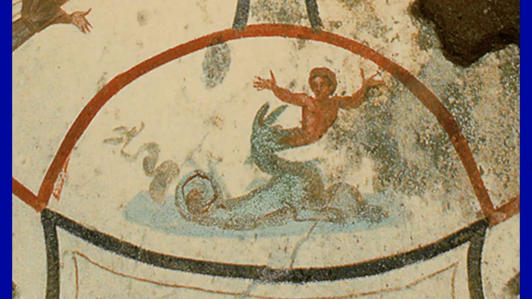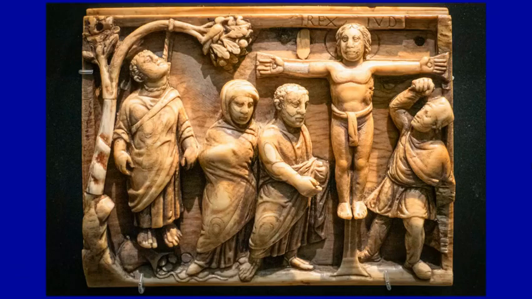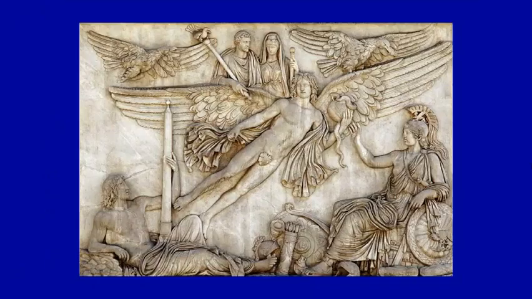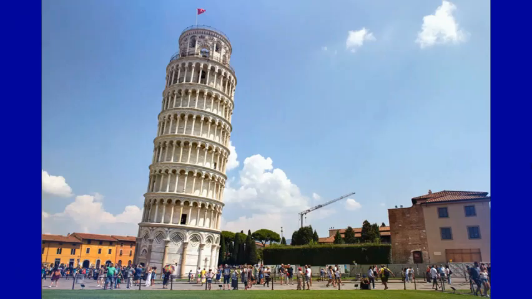And some of the images in the first semester are asymmetrical. This one is asymmetrical, with most of the weight on the right side, and the Leaning Tower of Pisa is asymmetrical. All right, so that finishes us for balance.